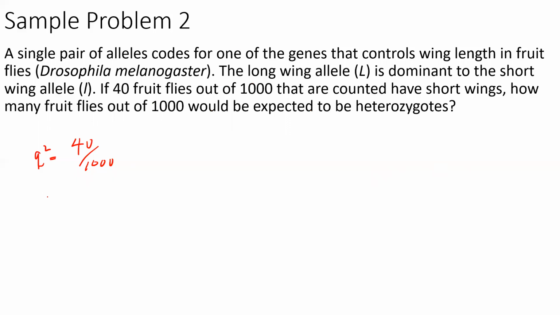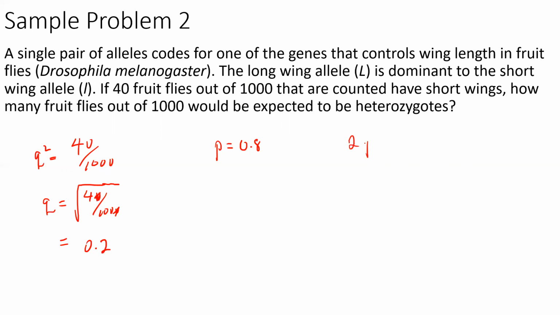So we know, therefore, that Q squared is 40 over 1,000, and Q is going to be the square root of that. If you do the math on this, it's going to work out to 0.2. Now, if you're not that good at math, no problem, just play around with it until you get this. The practice ensures that you're doing it properly. So therefore, we can then say that P is going to be 0.8, right? 0.8 plus 0.2 equals 1.